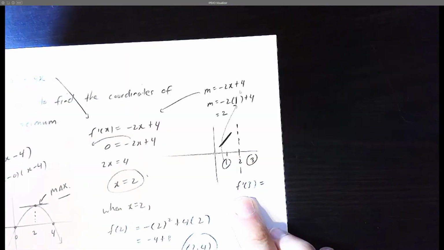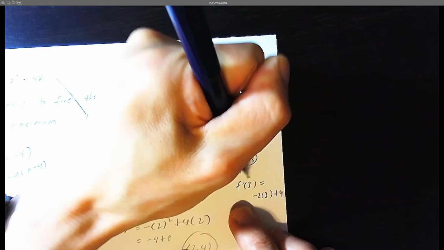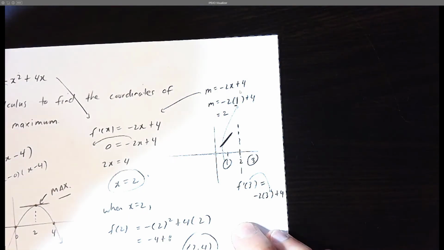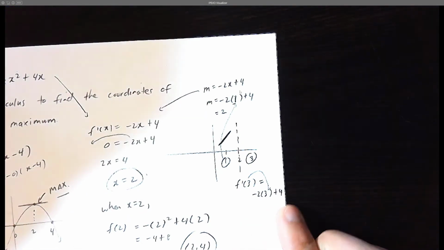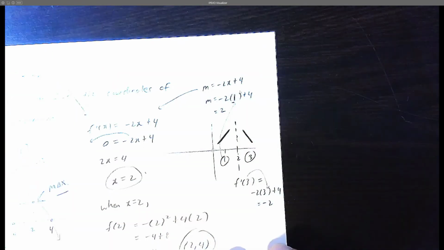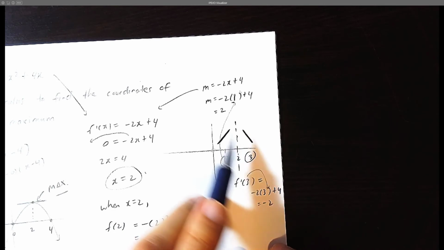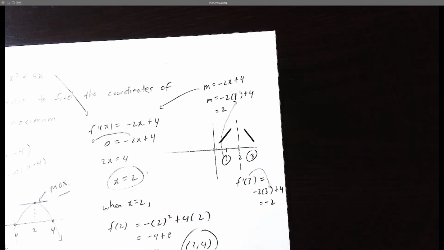What's the slope? It's going to be negative 2x plus 4, or negative 2 times 3 plus 4, because we're substituting 3 into here. This is going to be negative 6 plus 4, which is negative 2. So it's going to be decreasing. Negative 2 is a negative number, which means the slope, or rate of change, is negative, decreasing.